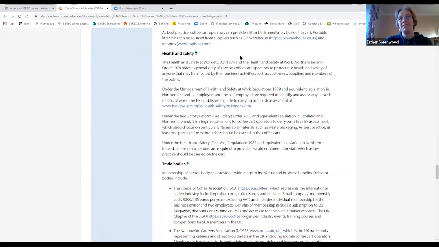Health and safety is again something that all businesses have to comply with, and that will vary according to the business that you're running and whether or not you're employing people. If it's just yourself, then the health and safety is much simpler to comply with, unless you've got big pieces of machinery like a chainsaw, if you're a tree surgeon, for example.